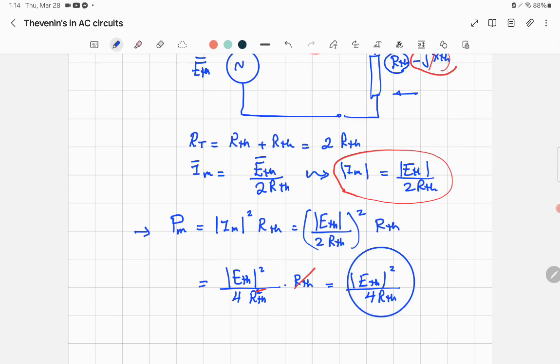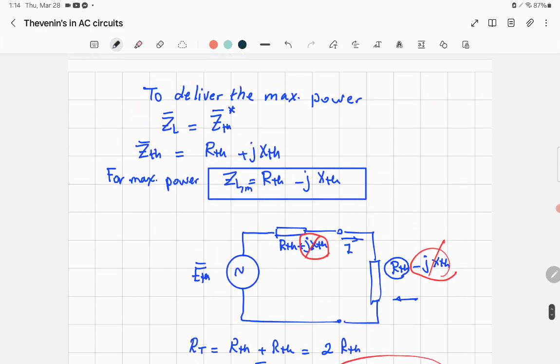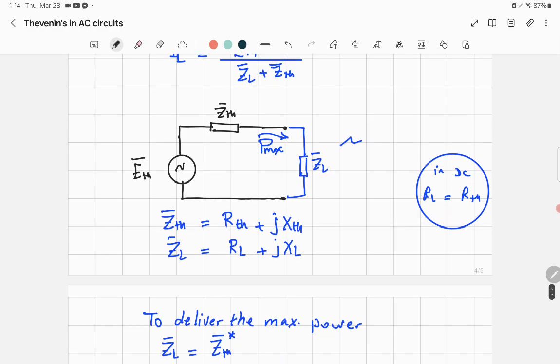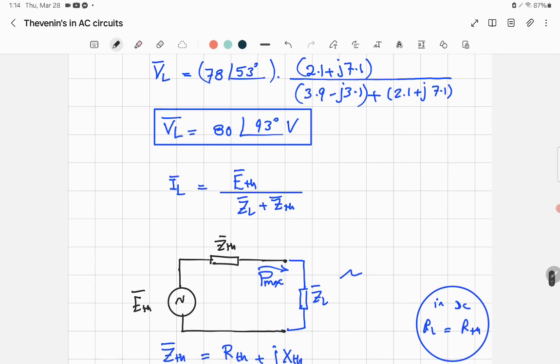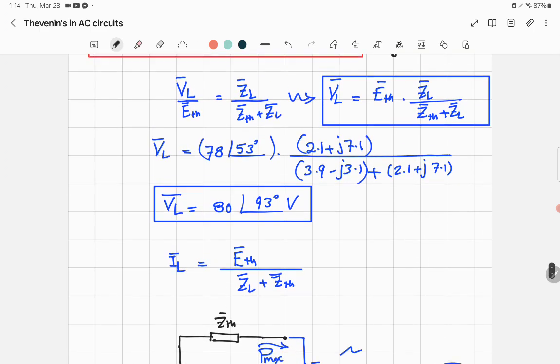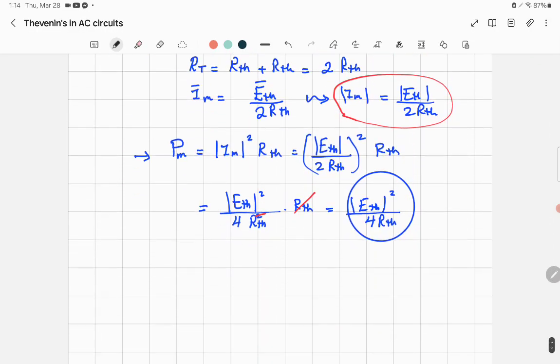So in our example, if you want to find the maximum power, we have to look at Z Thevenin. You don't look at the load because you choose the load to achieve the maximum power. Let me show you here. Z Thevenin is 3.9 minus J 3.1. So let me write that.